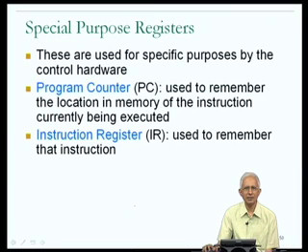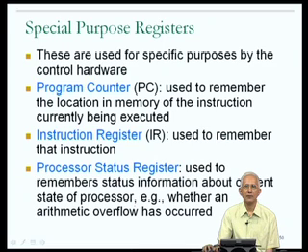And this may be necessary because in executing an instruction, the control hardware may have to examine that instruction in great detail, different parts of the instruction, and therefore the instruction register is the place in the CPU where the instruction is located.